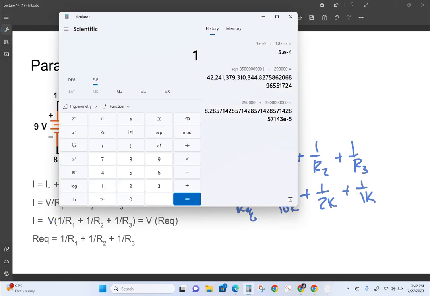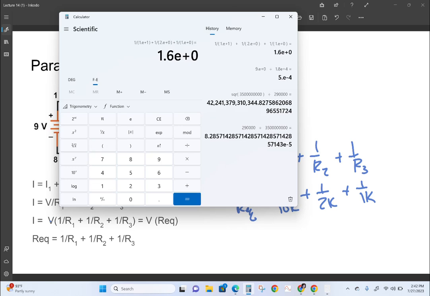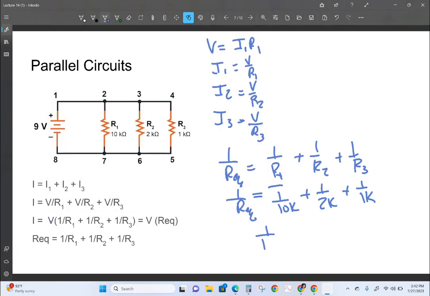So first one is 10, 1 over, plus 2, 1 over, plus 1, 1 over, equals 1.6. So 1 over REQ equals 1.6 kilo ohms to the negative 1.